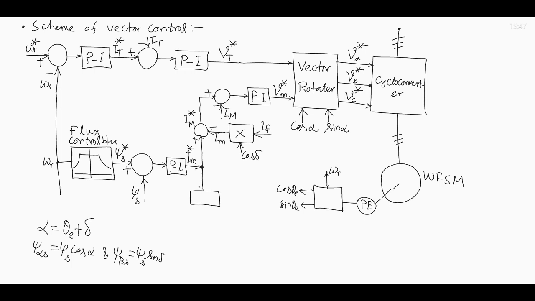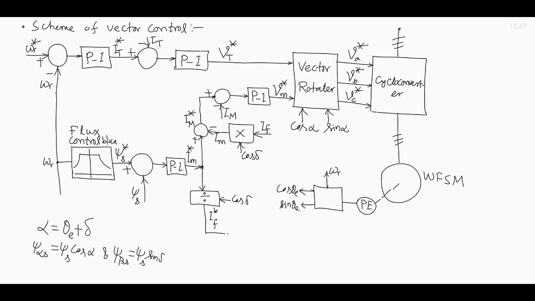Then we have Im star, and input to it is cos delta, and Im star divided by cos delta is If star, from the phasor diagram equation.